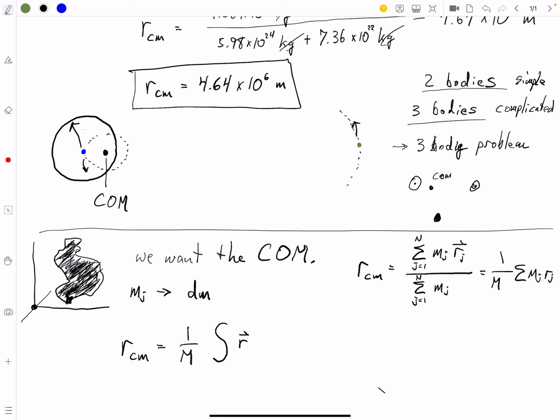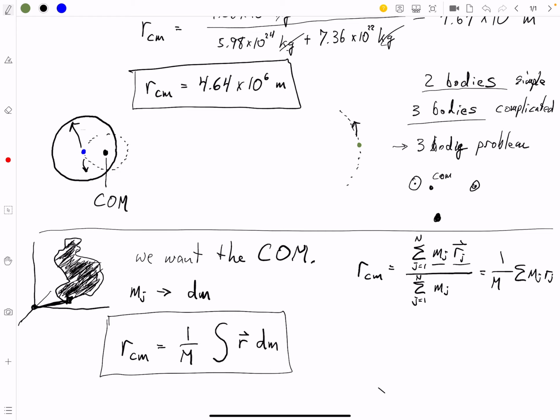Okay, we define that coordinate system, and then all those points, we're going to do an integral over the whole mass, meaning we have now taken this part, turned it into dm, and then this would be the distance to each of those little dm sections. And this is how you would find that.